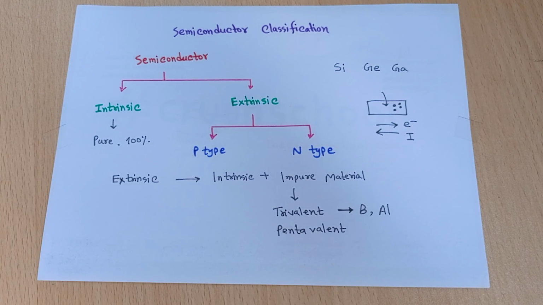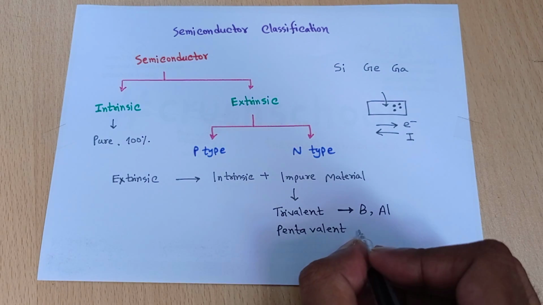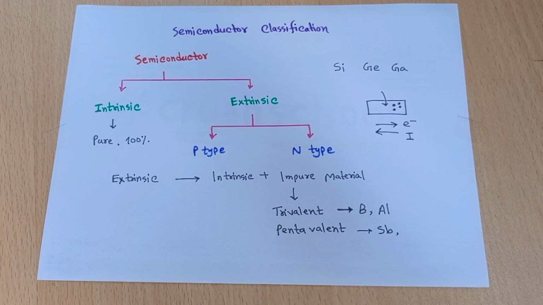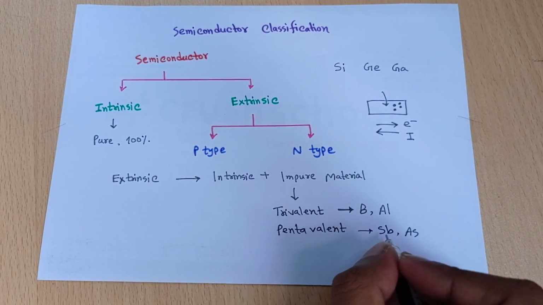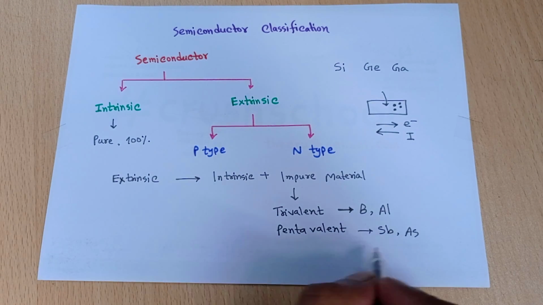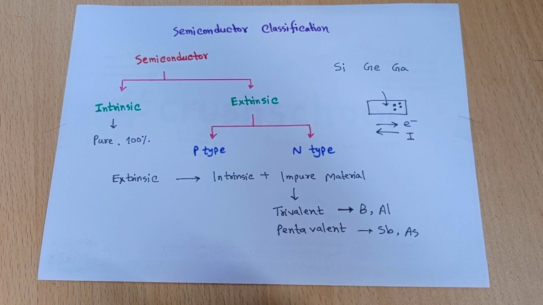We also use some pentavalent material or pentavalent atom. Suppose we have antimony or arsenic atom. Antimony and arsenic have 5 electrons at the outer shell of their atoms. That's why they are called pentavalent atoms.